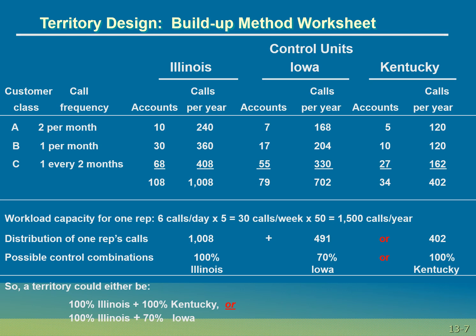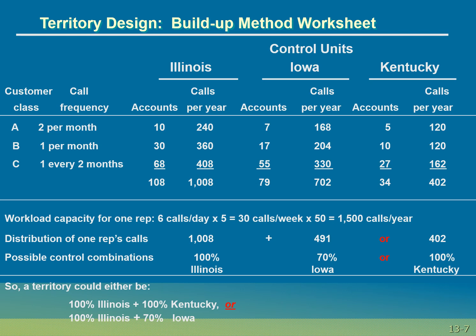Now we know that for Illinois, you need 1,000, Iowa, you need 700, Kentucky, you need 400, okay? But this person can only make 1,500 a year, right? If you use this plus that, that's over, right? Use this plus that is a little bit under, okay? So what do you do? You can do several different ways, right?